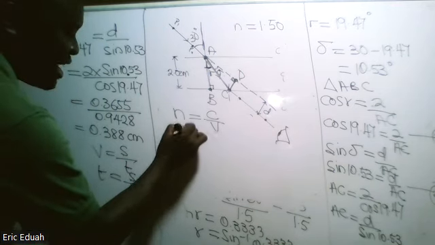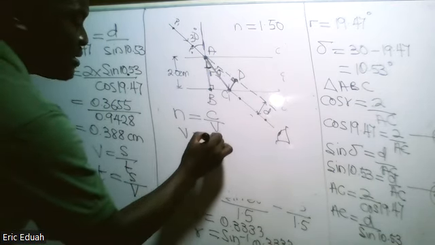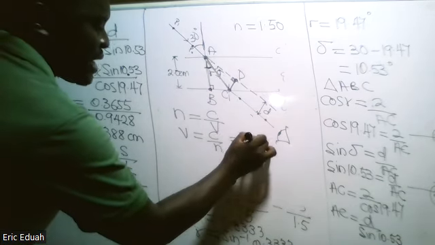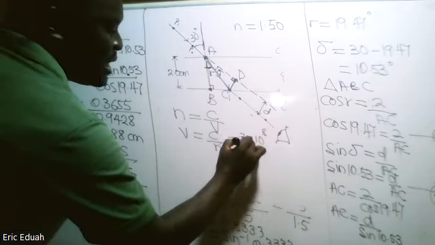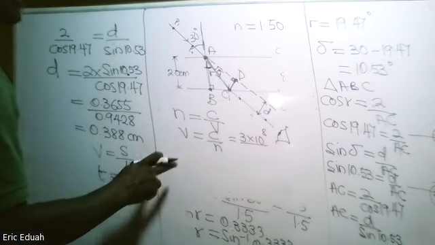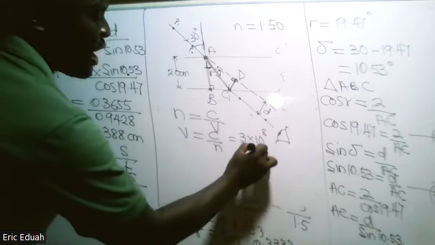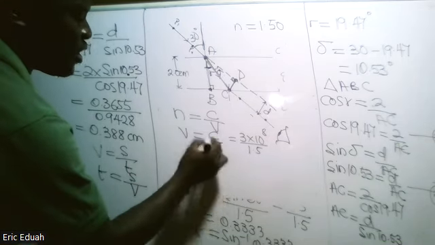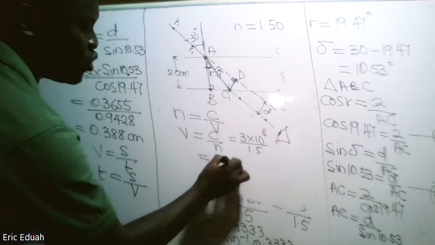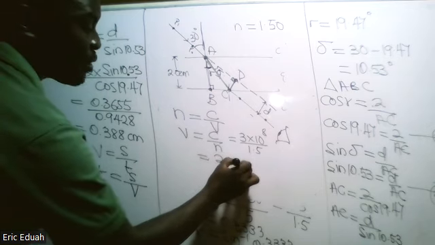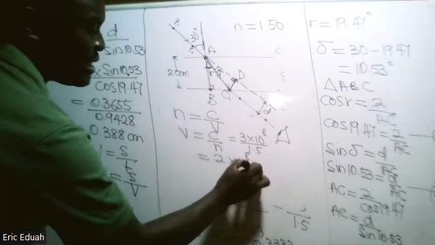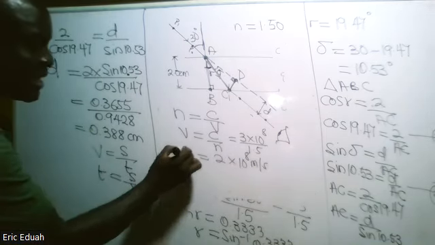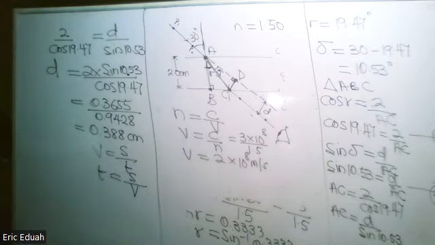So when we make V the subject, we have C over N. So we have 3 times 10 to the power 8 divided by the refractive index, which is 1.50. So simply, the speed of light in the medium is equal to 2 times 10 to the power 8 meter per second. And this is the speed of light in the glass block.